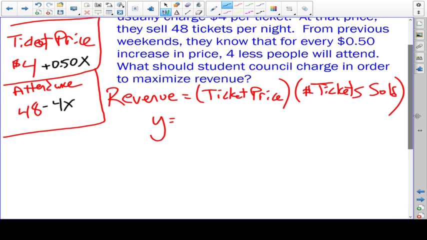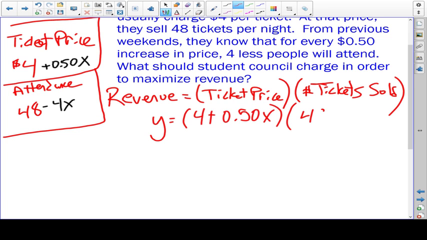So then we know that Y is equal to (4 plus 0.50X) times (48 minus 4X). And this is a factored form of this quadratic function.